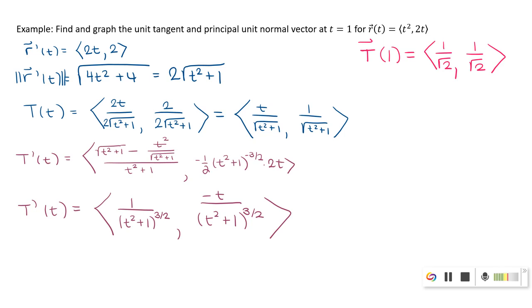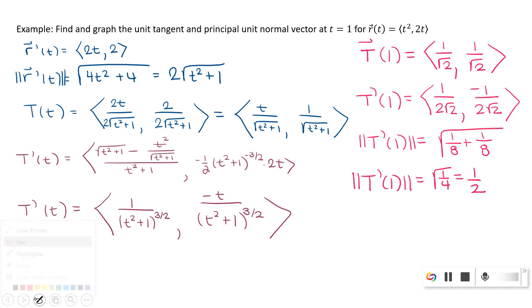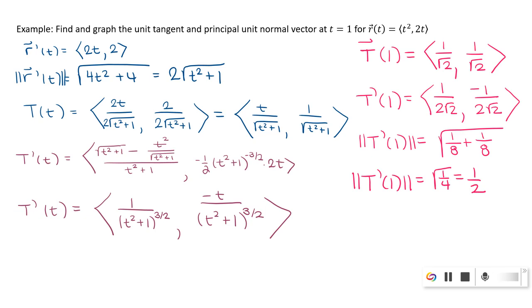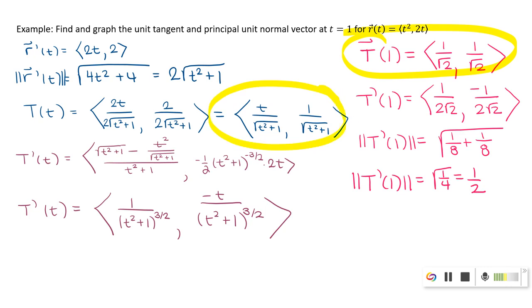First of all, T of 1. I guess we can keep all those numbers in. So the first thing I have is T of 1. I just put 1 into my unit tangent vector. So there's my unit tangent vector. I did that because I'm going to want to graph it.